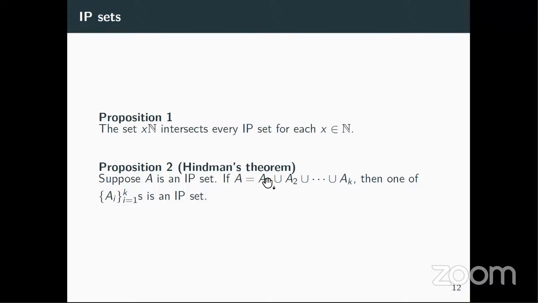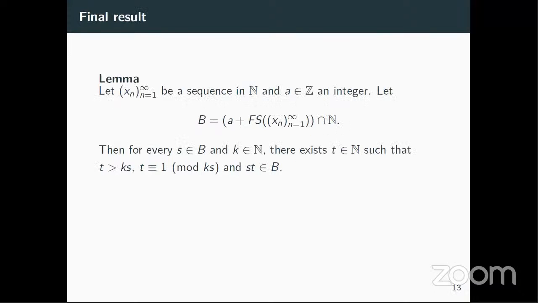So this is Hindman's result. And with this, we have the following lemma: you take any sequence in natural numbers and any integer. Here A is an integer, not a natural number, it's any integer. So you define B in this way.